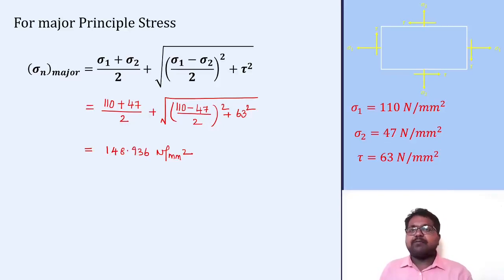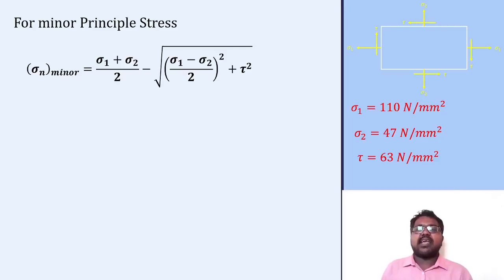Similarly, we can find the value of the minor principal stress by following the same formula, replacing plus with minus. So sigma n minor is (sigma 1 plus sigma 2) by 2 minus under the root of ((sigma 1 minus sigma 2) by 2) whole square plus tau square.